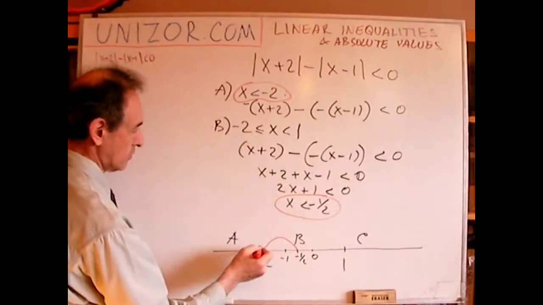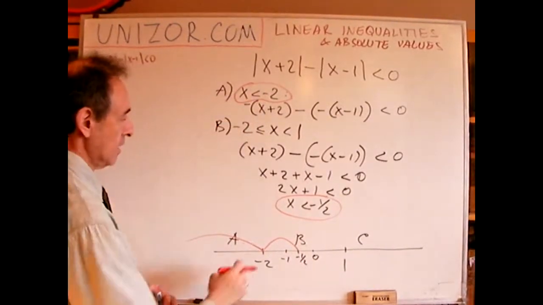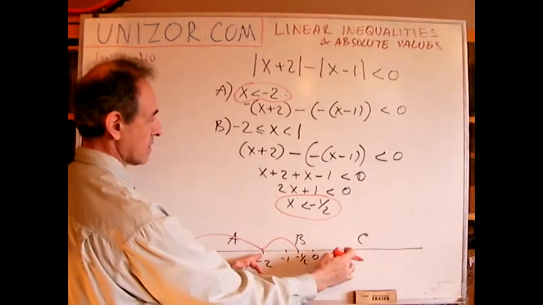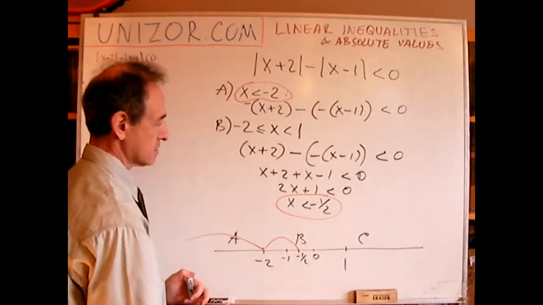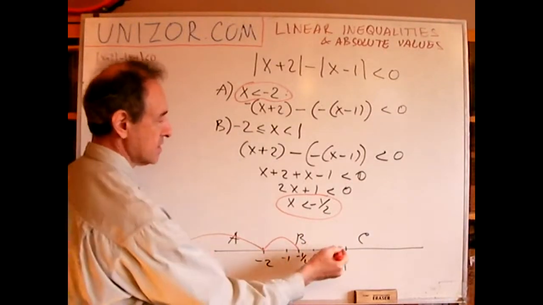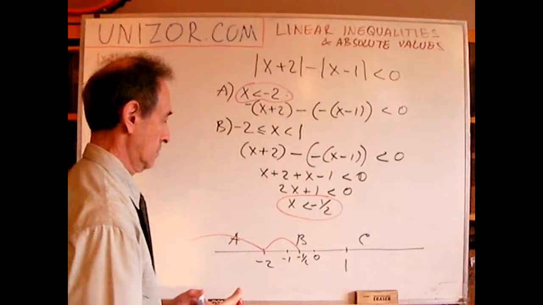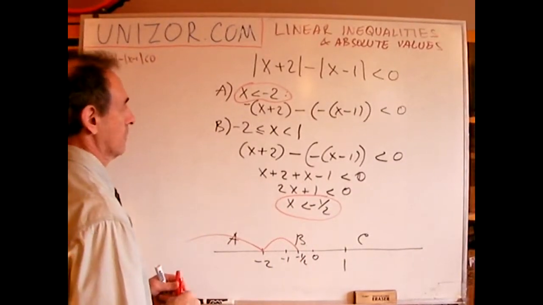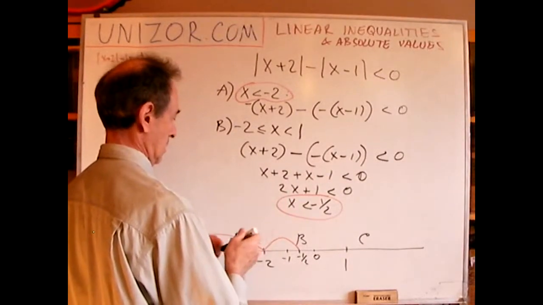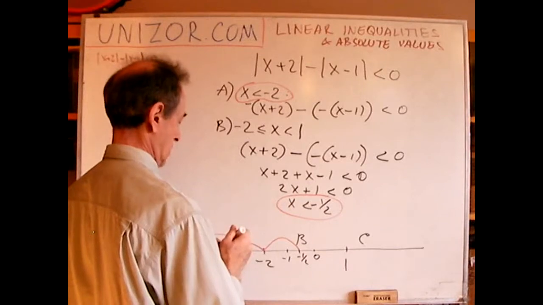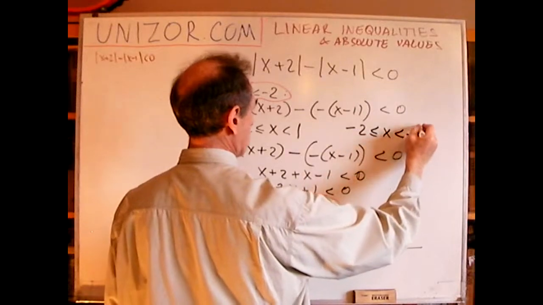Now, in the first one, we got this area completely, everything which is less than minus 2. In the second case, we are considering this area, but only those x's which are less than minus 1/2 fit the bill. These are not a solution to our inequality. And so let me put it here. Minus 2 less than or equal to x less than minus 1/2.